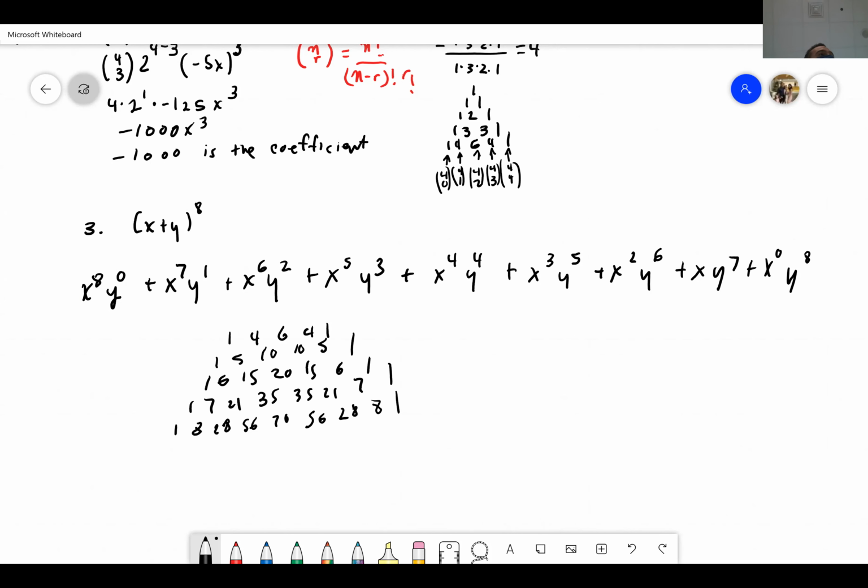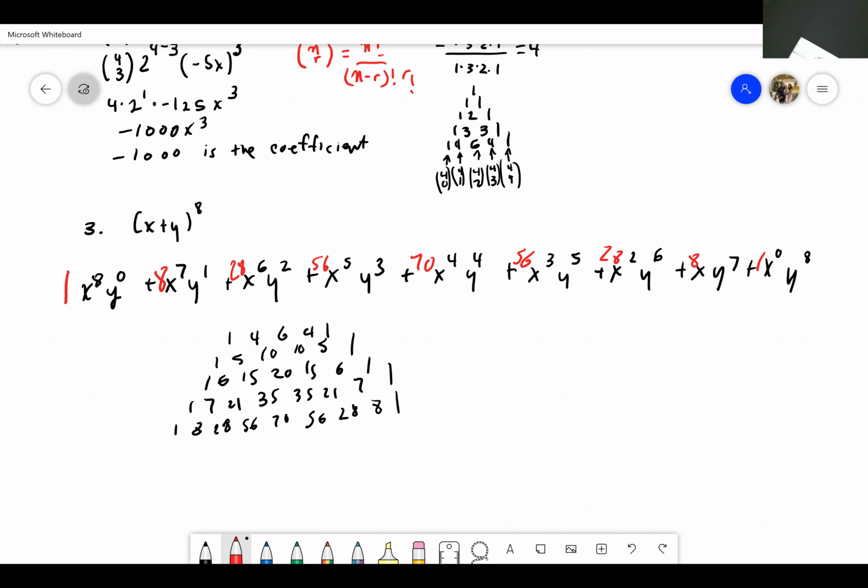And those are the numbers. So in theory, you would just use 1, 8, 28, 56, 70, 56, 28, 8, and 1.